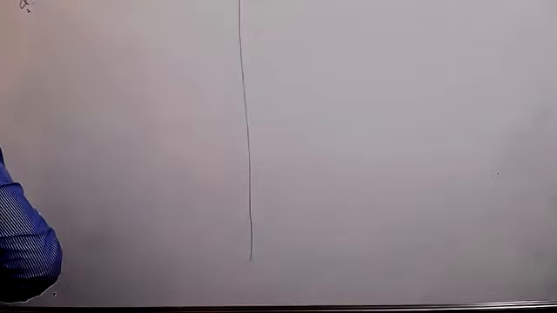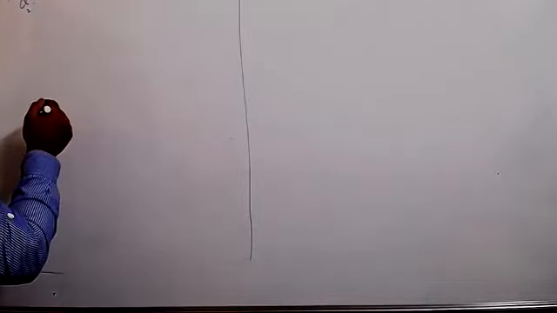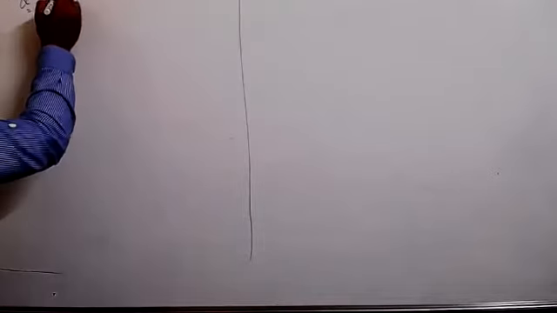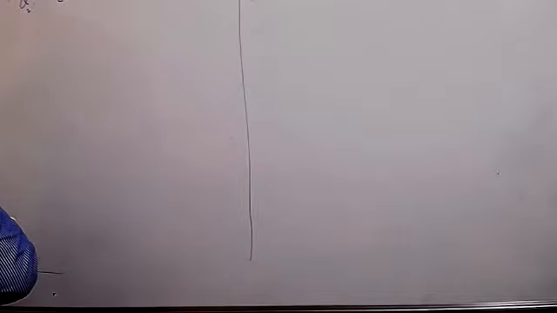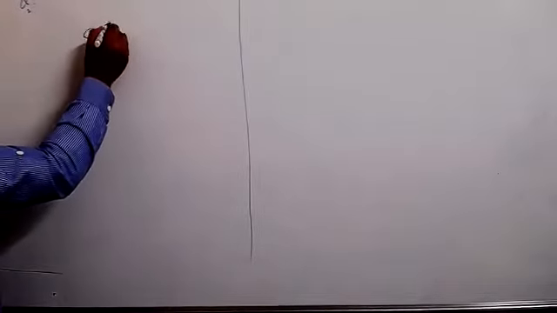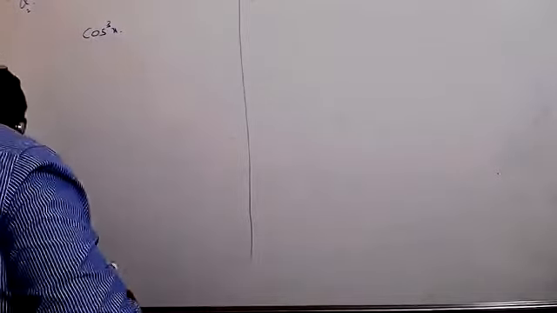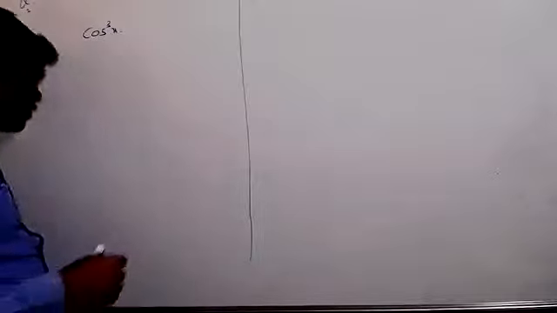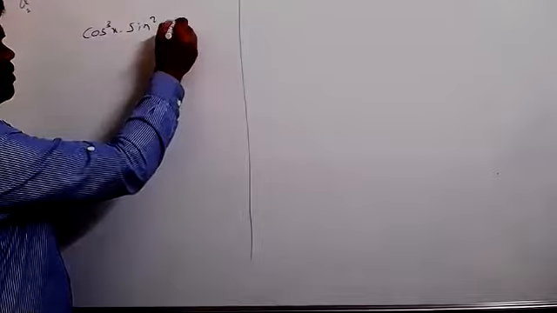Differentiate the function with respect to x: cos cube x into sin square x power 5.